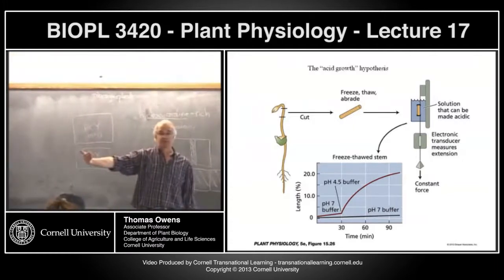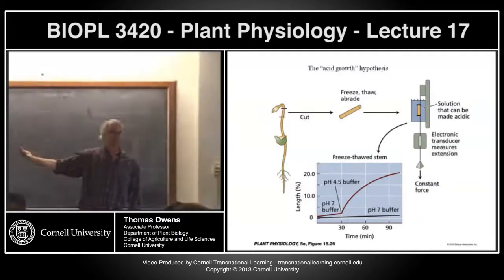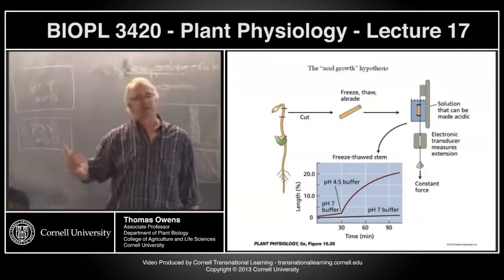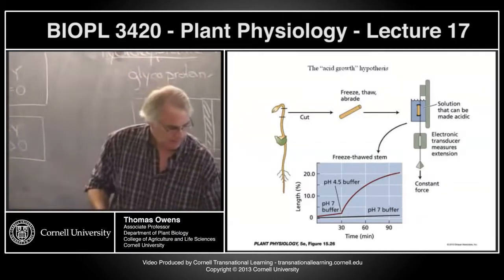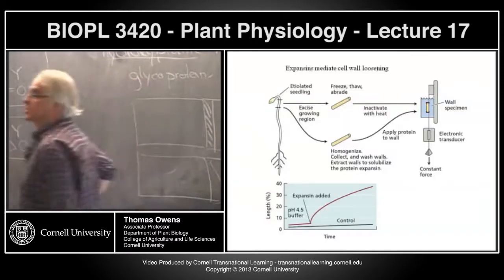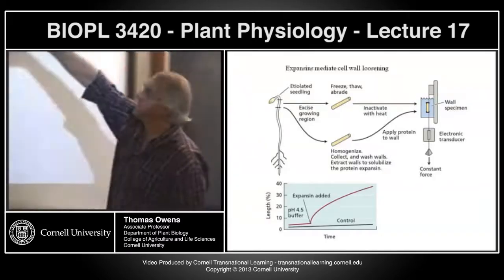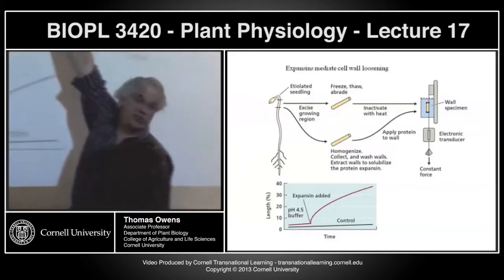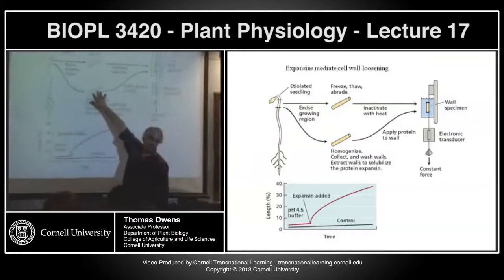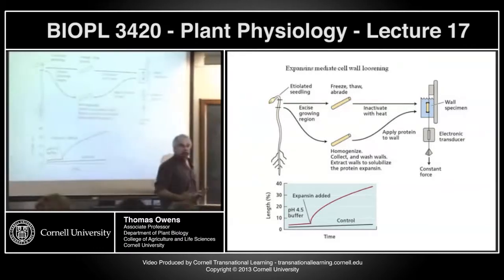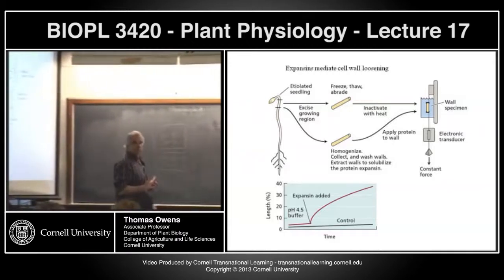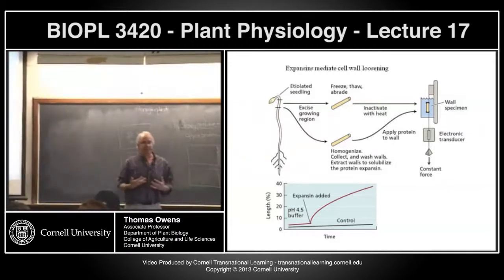Turn on the proton pumps, the cells expand. And they do, but they don't expand very much. Another similar experiment where you take your dead cell walls, but you take another piece and you basically extract stuff out of the cell walls without damaging it.